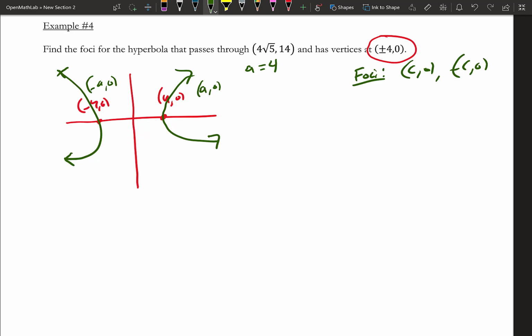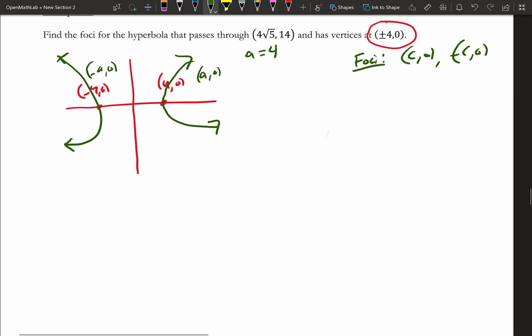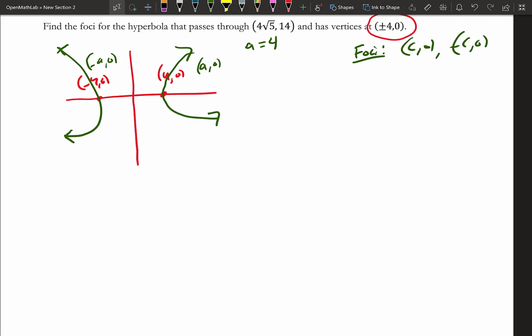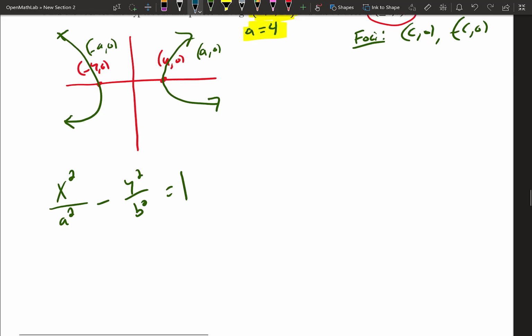But in order to find c, I'm going to need to know what the b value is. So what we can do is, since I know it opens left and right, I know the general form of the equation is going to be x squared over a squared minus y squared over b squared equals 1. So this is 1 point on the graph. So what I can do is plug that point in for x and y, and then I know what a is, so I can plug that in, and the only thing missing would be the value for b.